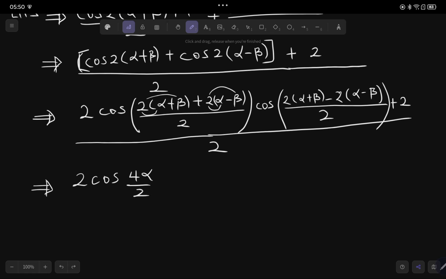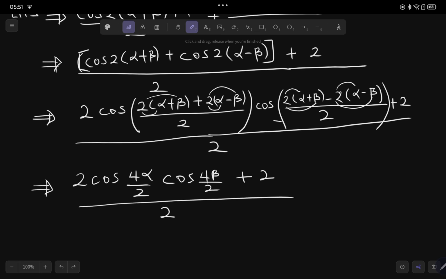Then we come here: cos of 2 alpha minus 2 alpha will collapse to 0. Then 2 beta minus negative 2 beta, that is plus 2 beta. So 2 beta plus 2 beta is 4 beta, divided by 2. Then plus 2 over 2.